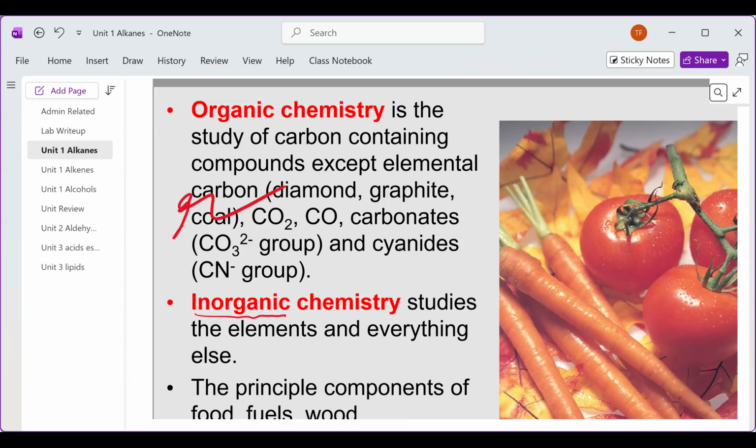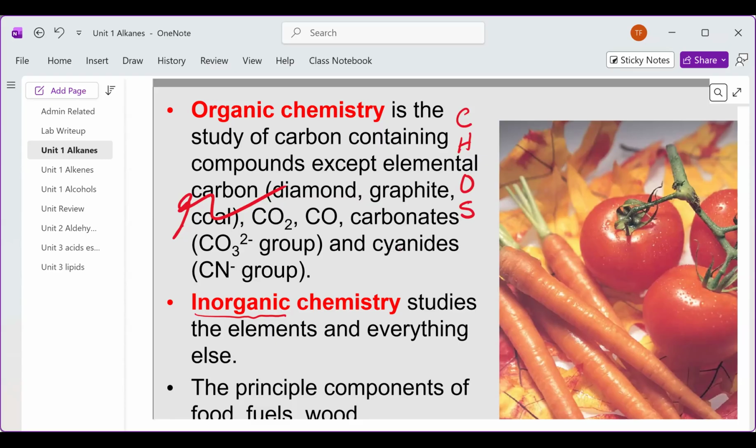There's quite a few different chemistries. Organic chemistry is the chemistry of carbon compounds, and that includes carbon, hydrogen, oxygen. Those are the most common elements in organic chemistry study. But there's also sulfur is included.